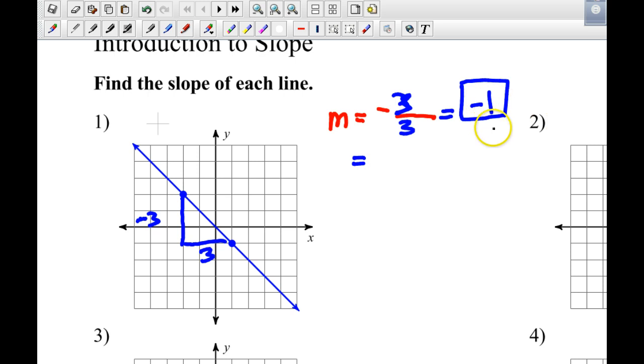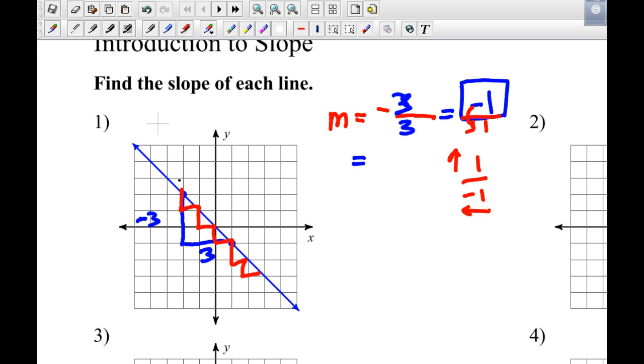Now, what does this actually mean? Graphically, it means that negative 1 over 1 is the slope. So if you can see here, if I go down 1 and right 1, that is right on the line every single time. Also, if I flip it around, if I move the negative to the bottom, because those are the same thing, that means to go up 1 and left 1.